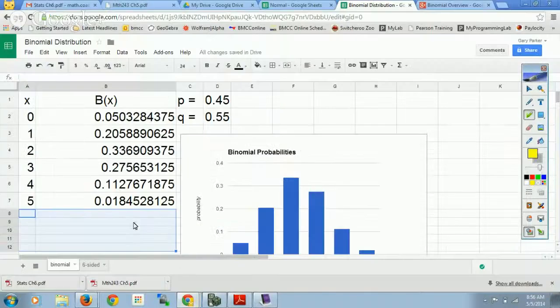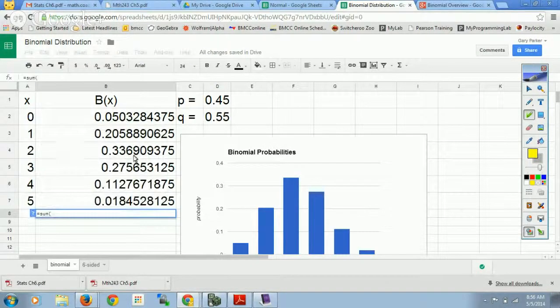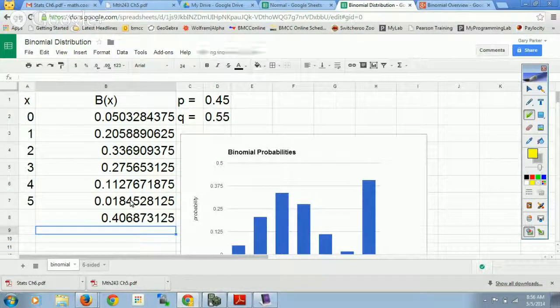So here, if I ask equals sum these numbers above, that's the probability that I want. And I get a probability of 0.4-ish. Let's say we can call it 0.407, so 40.7%.